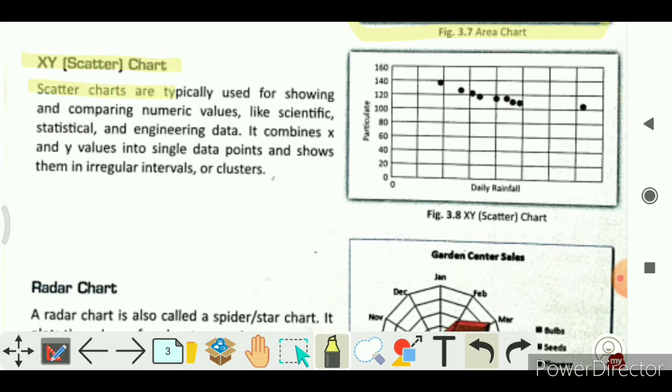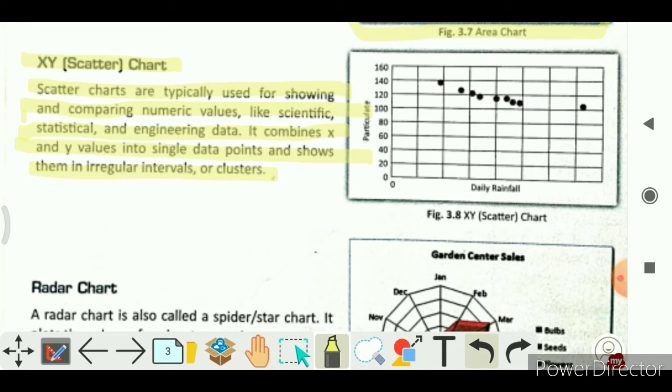Scatter charts are typically used for showing and comparing numerical values like scientific, statistical, and engineering data. It combines X and Y values into single data points and shows them in irregular intervals of clusters, right?